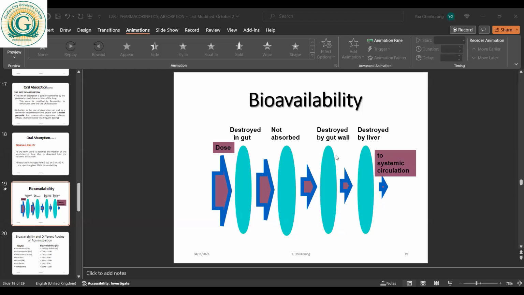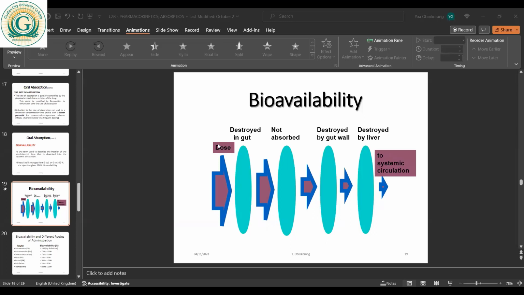So let's go on. If you give a drug orally, the amount that you start with is not the same amount that will reach systemic circulation. If you administer a drug intravenously, yes, this one is going into the blood straight away.